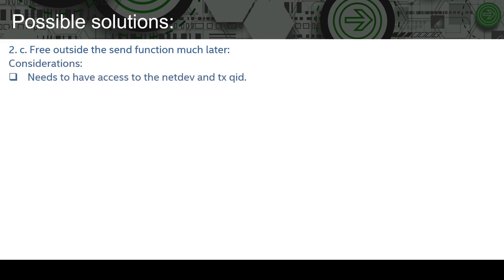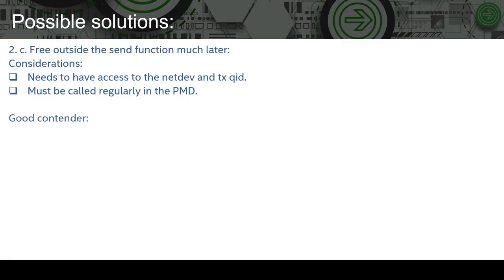So, what else could we do? We can free the packets outside the send function much later. But where? To decide this, we must consider a couple of things. The candidate function will have to have access to the netdev and txq ID. Also, it must be regularly called in the PMD.